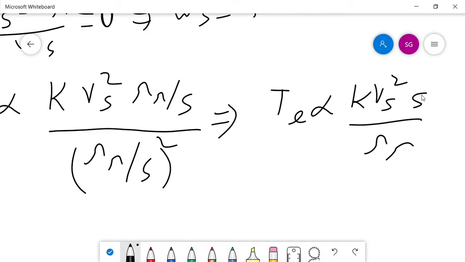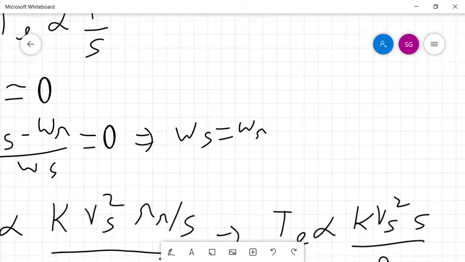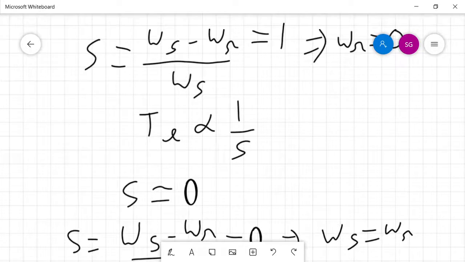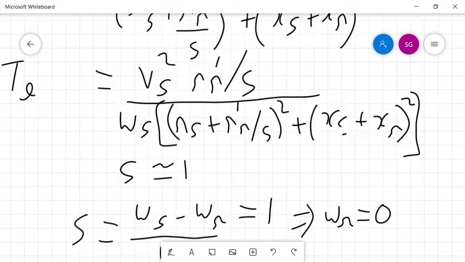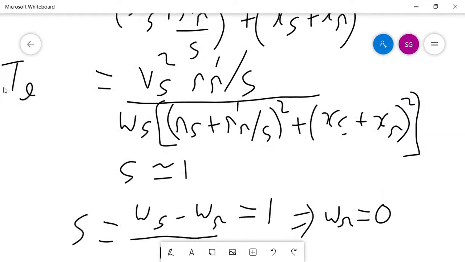So when we draw a curve between electromagnetic torque and the slip, for some part the electromagnetic torque is inversely proportional to the slip, and for some part it is directly proportional to slip. So there is some transition at a particular slip.